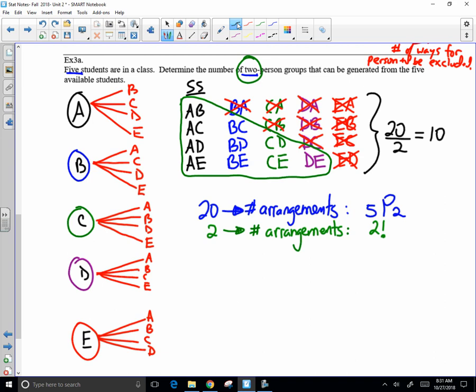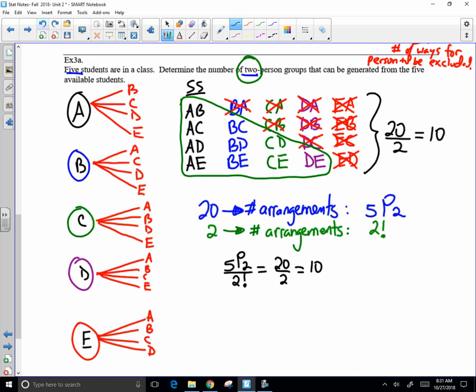But anyway, we got our answer by taking the 5P2 and dividing it by 2 factorial. That was the 10. Well, that's the 10 as a result. I don't want to jump to that. The 20 over the 2, which gave the 10. All right.